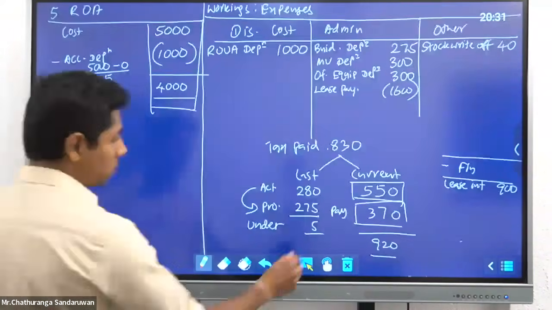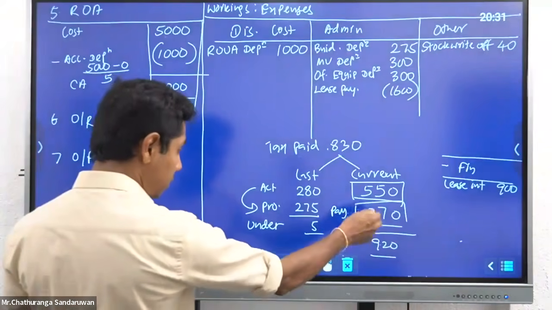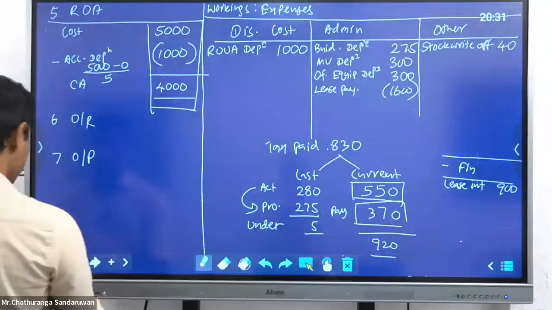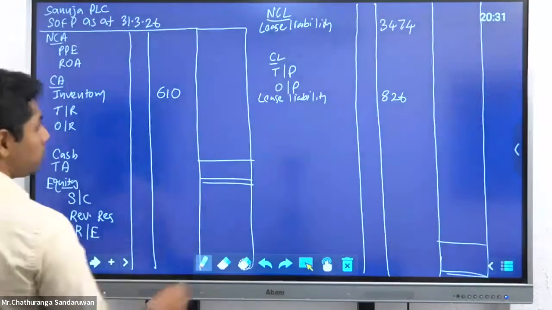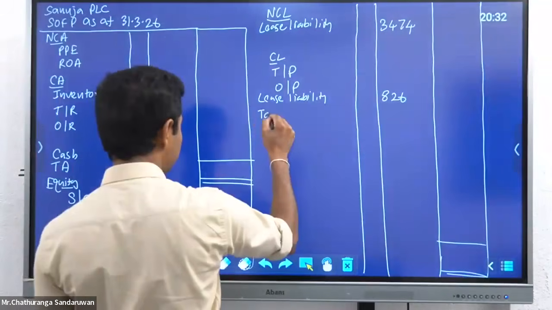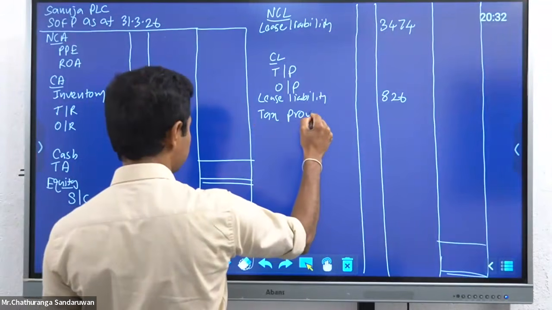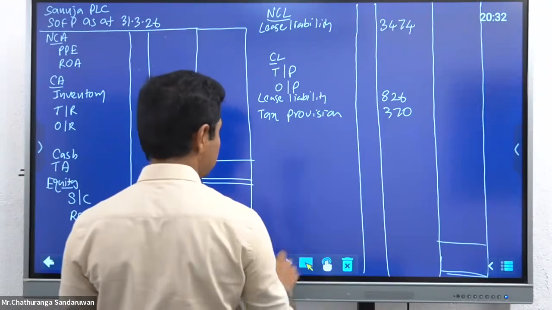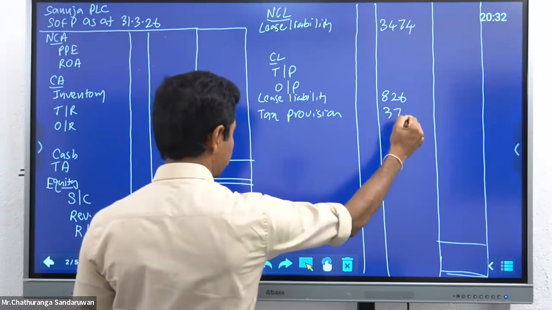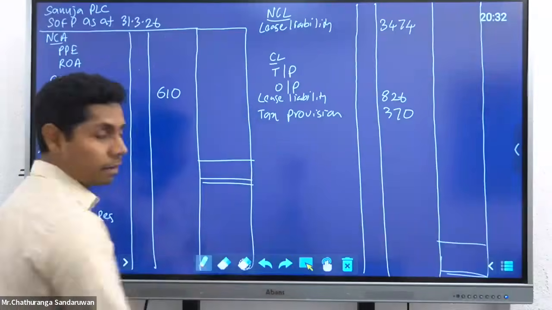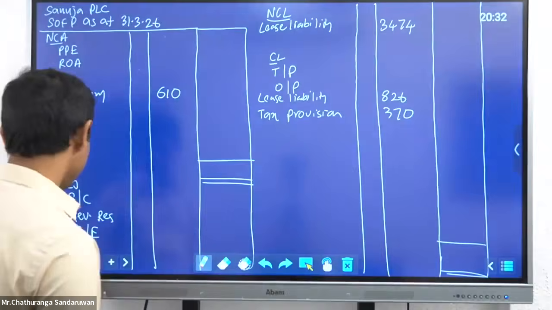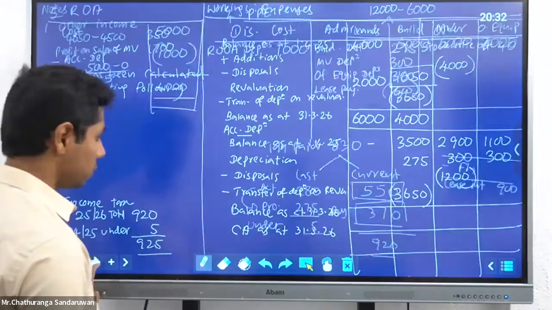And then the current year payable balance is 370. That is a liability. Therefore, that should be taken to the SOFP under current liability tax provision. Is it 370? I might forget figures, because I am taking those figures from the next screen, so I might make mistakes. Is it 370? Yeah, correct.